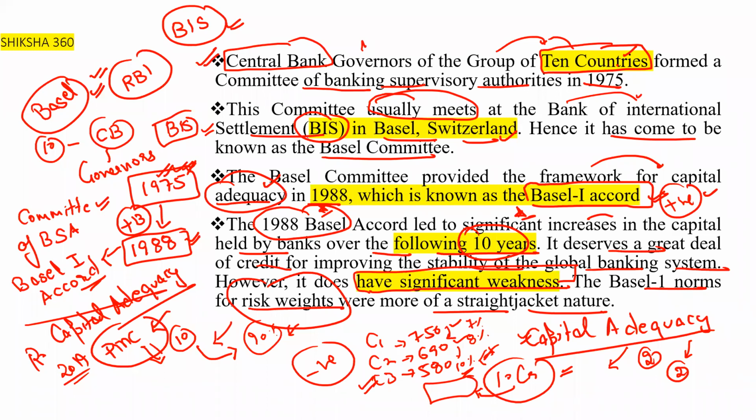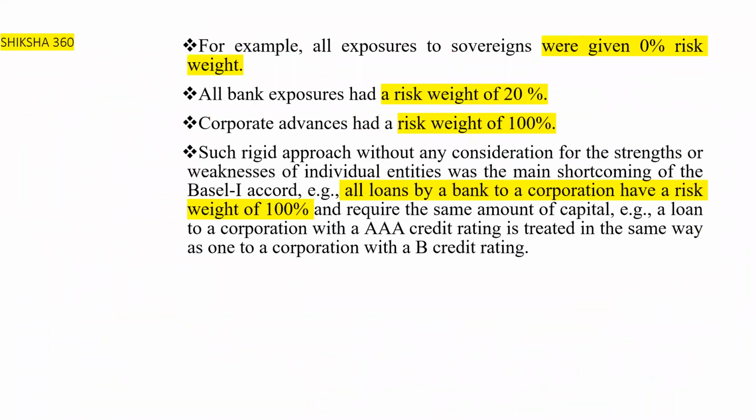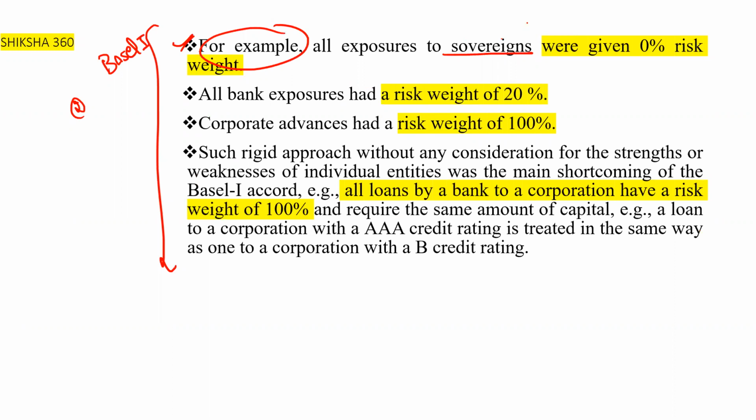So let's discuss what these things are. These are regarding Basel I, and we can expect one question from these first three slides. This is the second. All exposures to sovereigns, that is, all lending to other countries, were given a 0% risk weight.